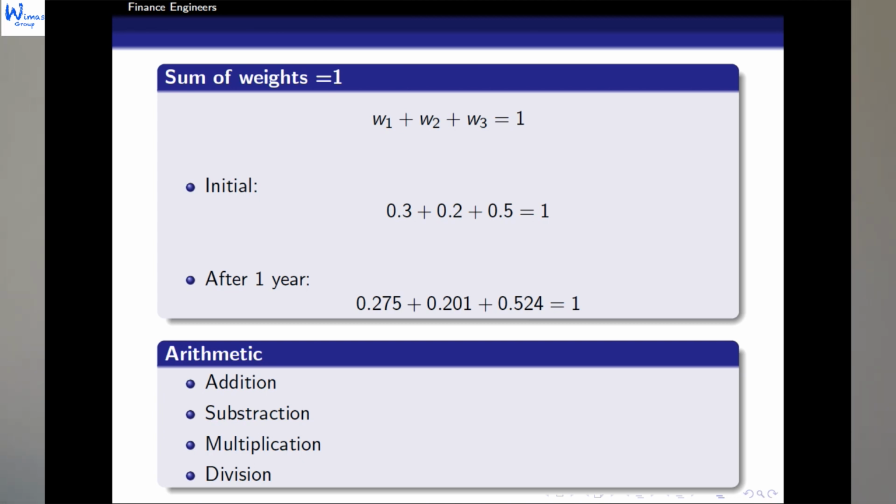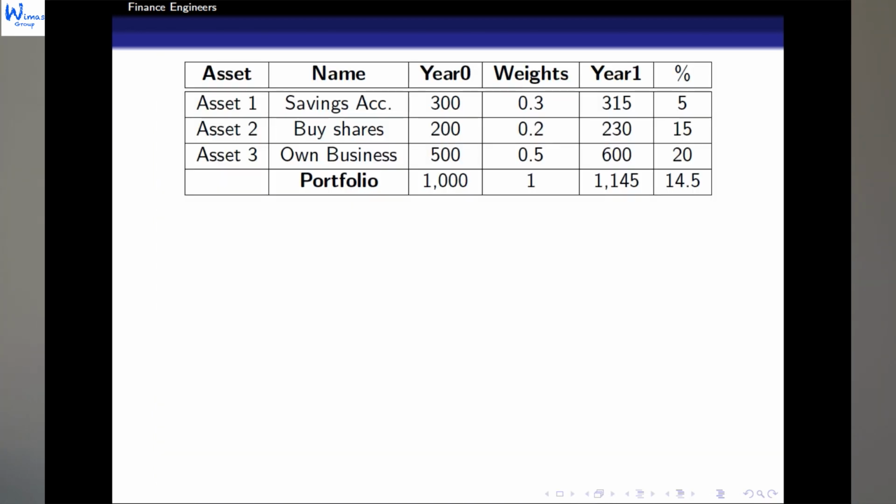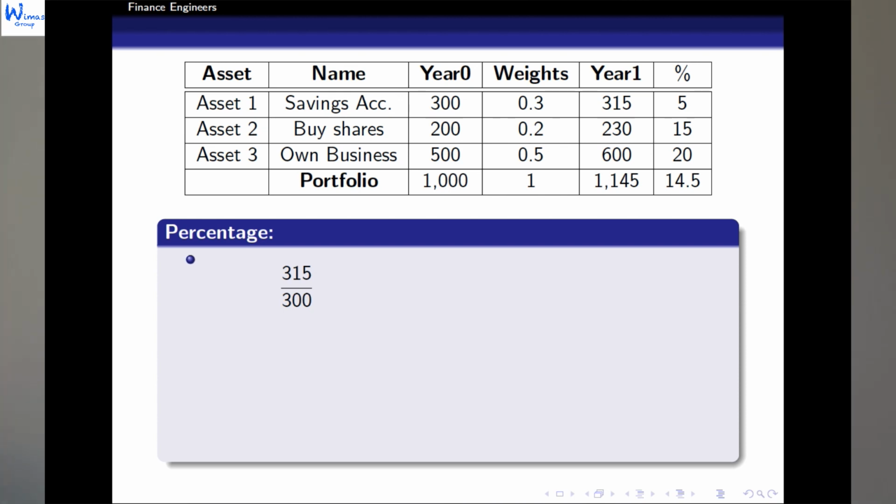So let's now jump to our bonus, which is percentage. So how do we compute percentages? Again, we use an example here. We see this column, for example, for the first asset, we say that we made a profit of 5%.